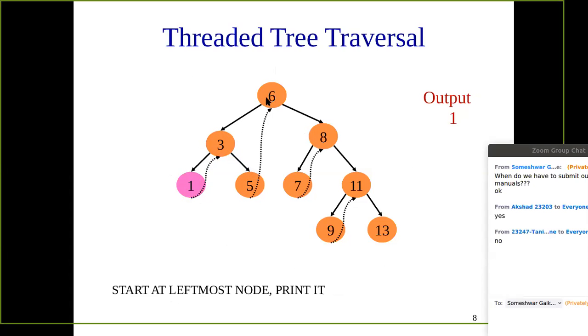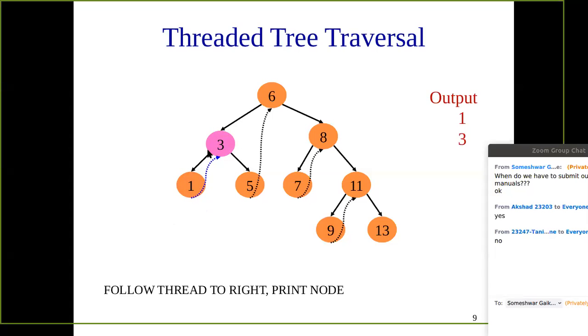So move towards the leftmost side and then print this one. Once we are at the leftmost side, we are simply following this thread to come to its parent. So just follow the thread to the right and print this node. This is similar to popping the element from the stack and printing that one.